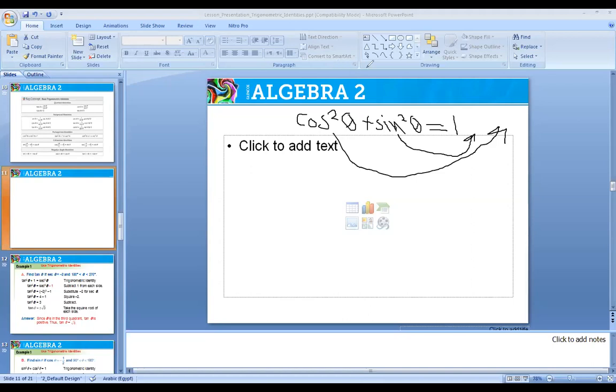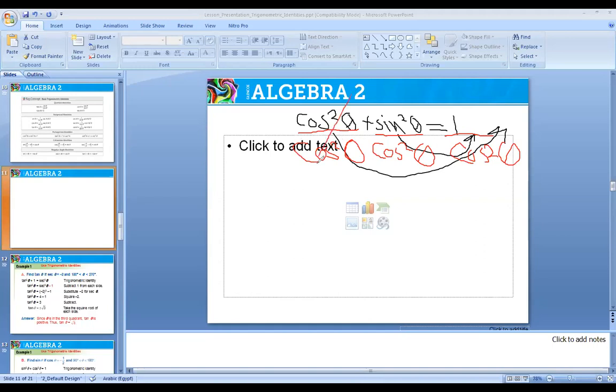If we take this rule and divide by cosine square, so I put here down cosine square theta, and here cosine square theta, and here also cosine square theta. Pay attention with me.